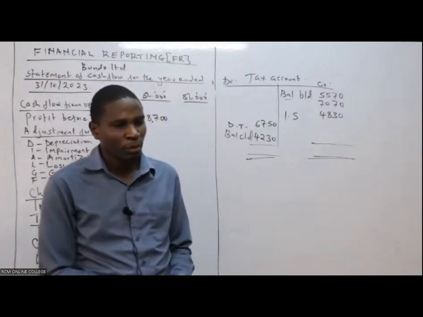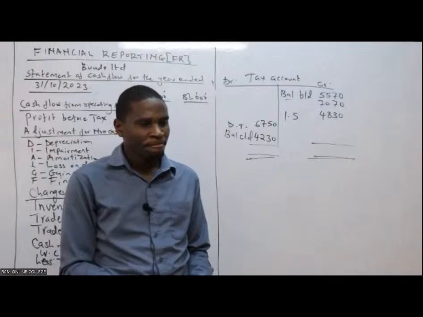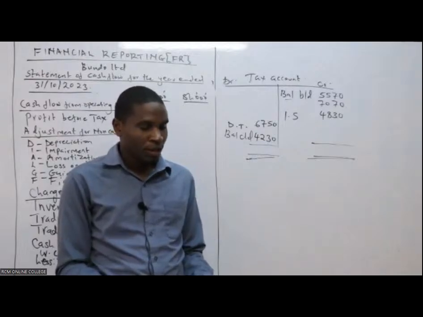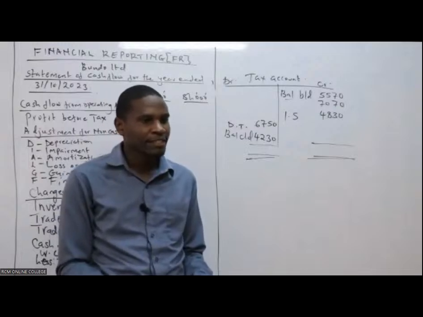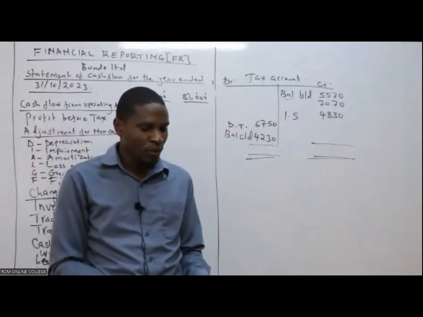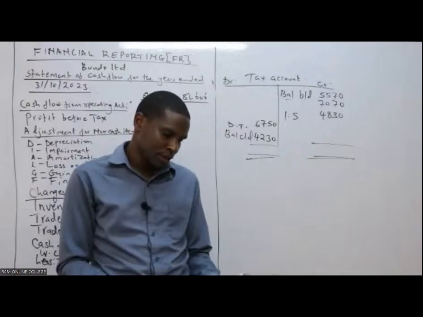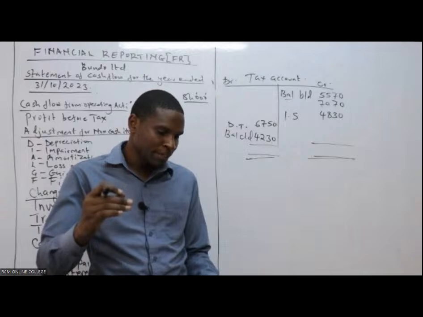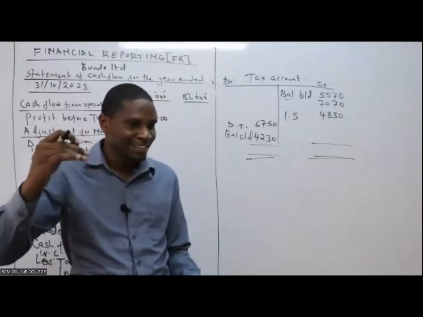Unapata ngapi? Aha. 360. Good. And then when you look at our income statement, we are told revaluation gain on property net of deferred tax is 840.